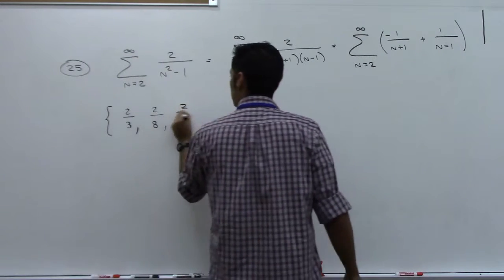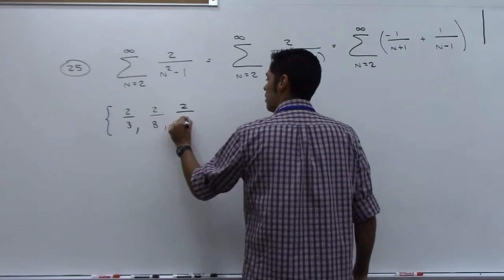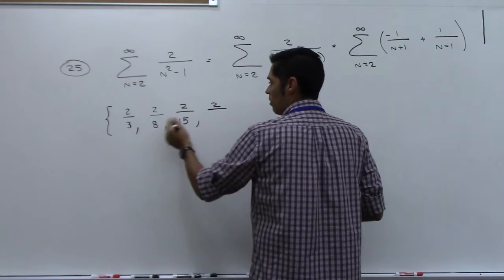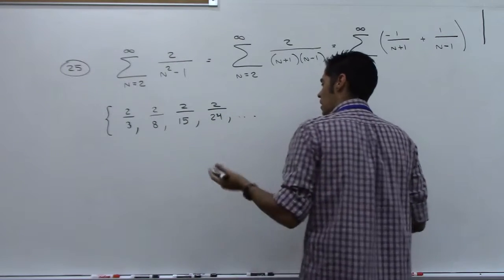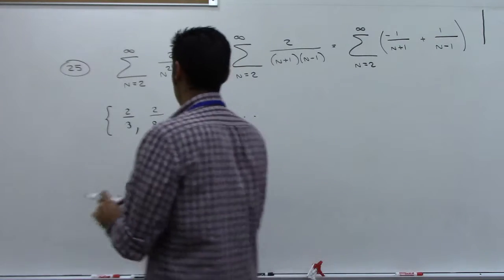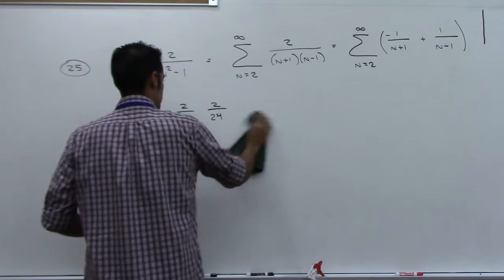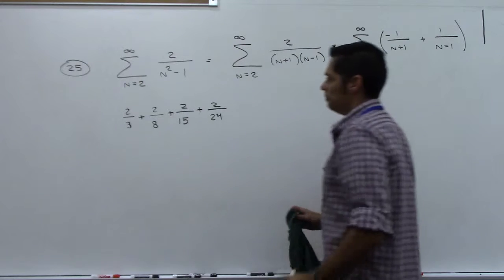And then the next one, 2 over, n is 4 now, so 4 squared, 16 minus 1 is 15. And then 2 over, n is 5, 25 minus 1 is 24. Sorry, I took a break and I've lost my train of thought here. So this is what we've got there.